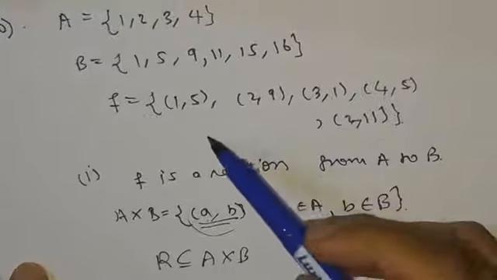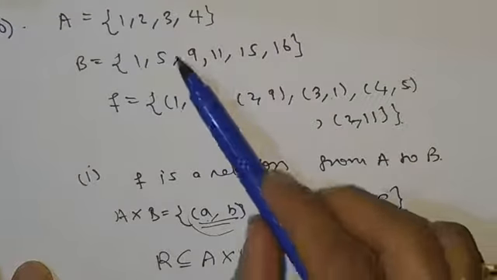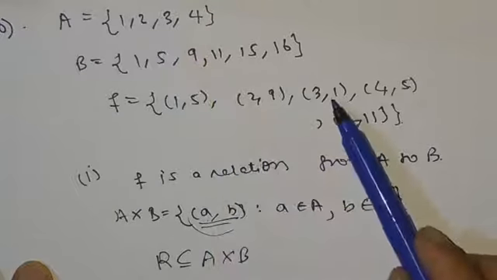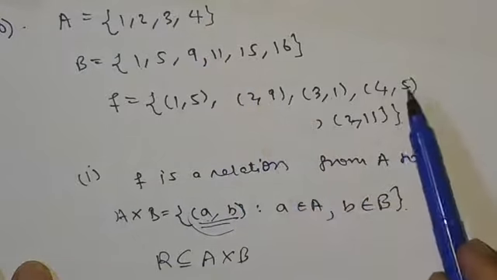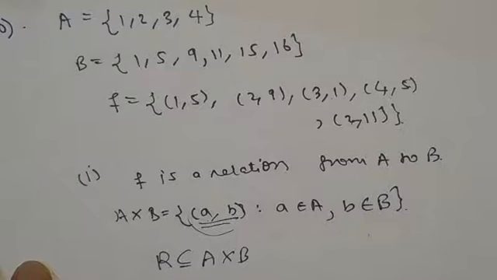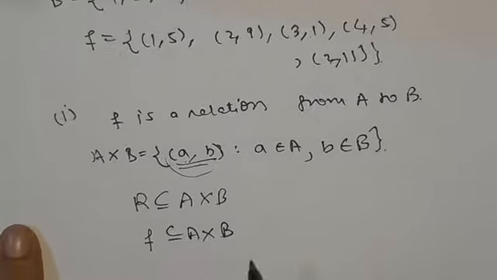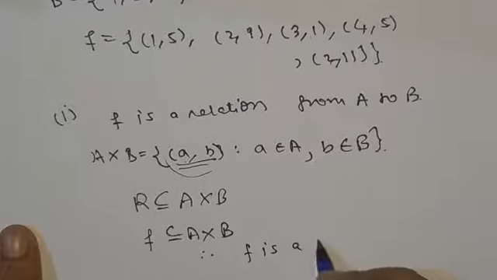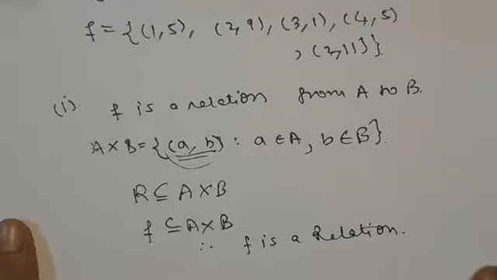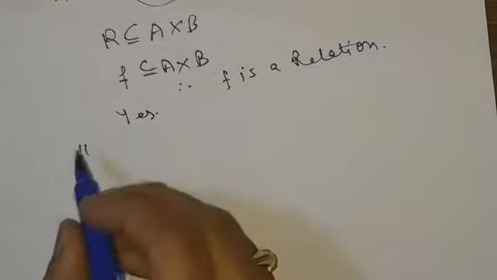If you look at the elements of F, all are of the type (a, b), where a belongs to A and b belongs to B. 1 belongs to A, 5 belongs to B, 2 belongs to A, 9 belongs to B, 3 belongs to A, 1 belongs to B, 4 belongs to A, 5 belongs to B, 2 belongs to A, 11 belongs to B. So F is a subset of A cross B, that means F is a relation. So yes, the statement is true.